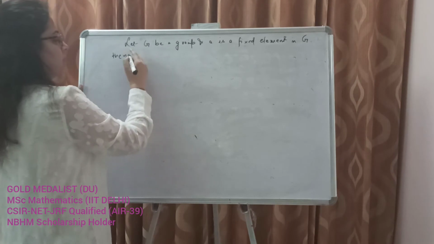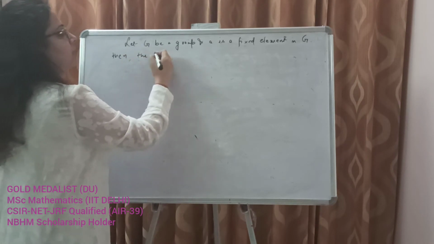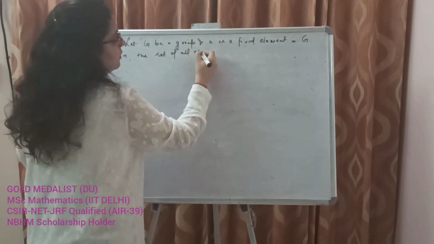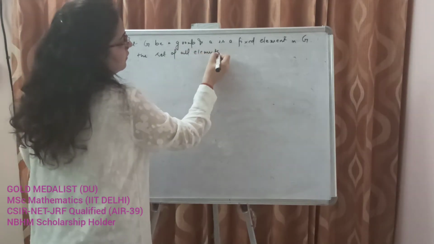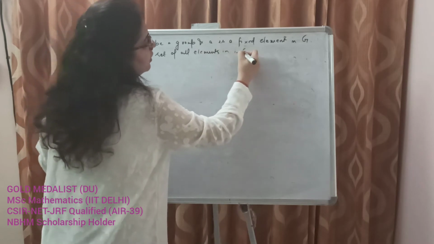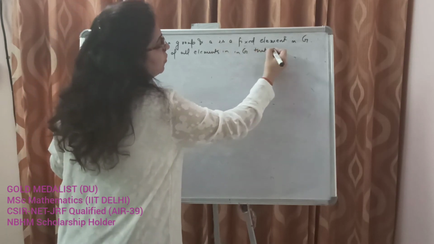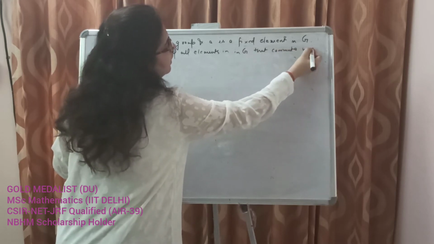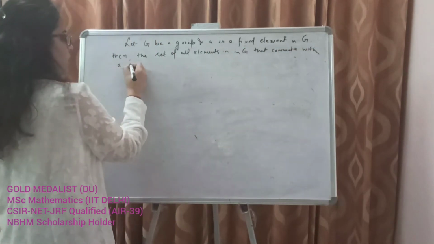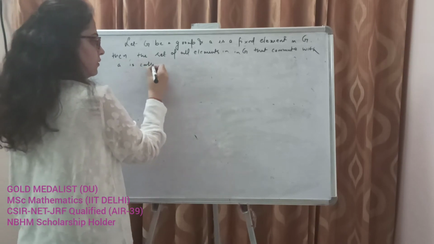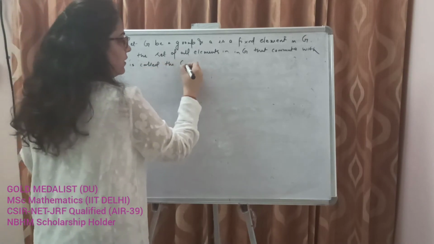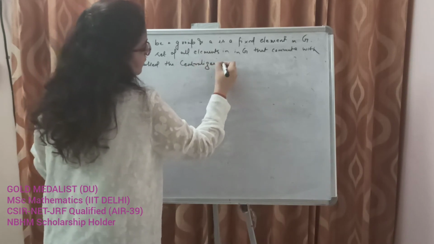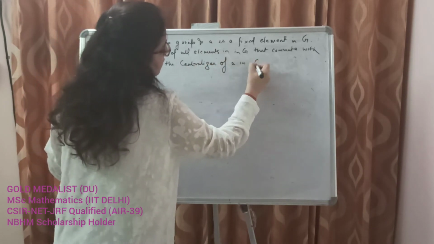It is the set of all elements in G that commute with that element A, and it is called the centralizer of A in G. Correct?